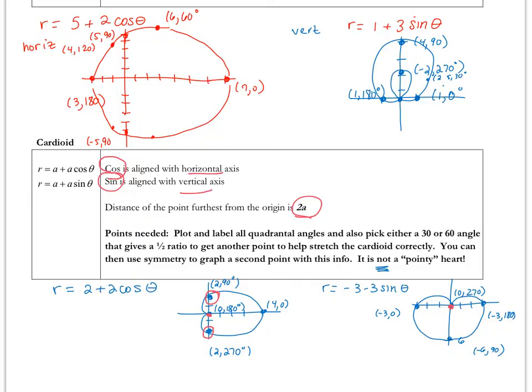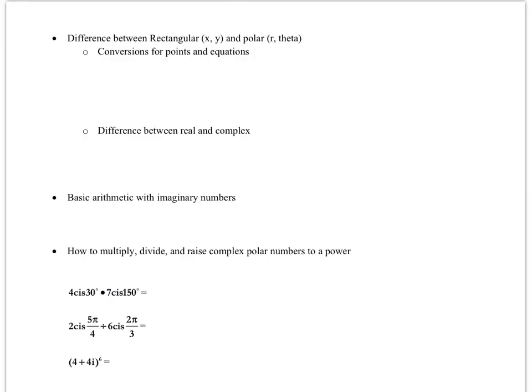When we are doing our conversions between rectangular and polar form, there are a couple things we want to remember. In order for it to be in complete rectangular form, we can only see x's and y's, no thetas or trig functions. And to be completely in polar form, we can only see r's, thetas, or trig functions, no x's or y's.